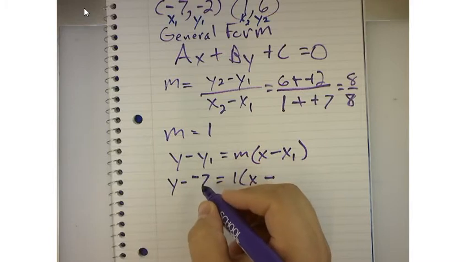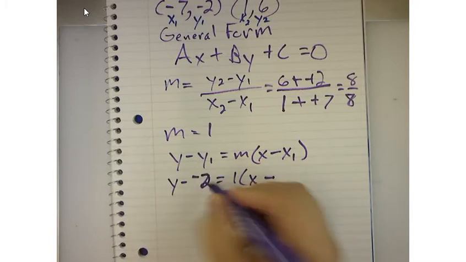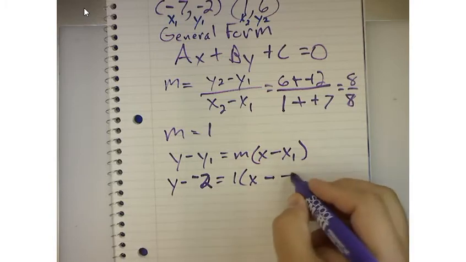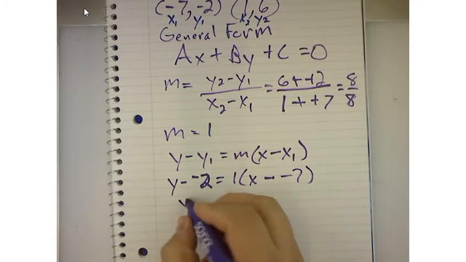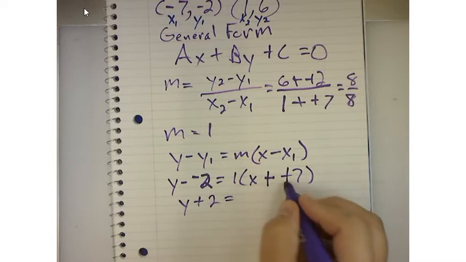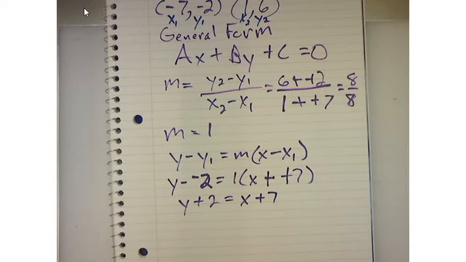What is y sub 1? -2. You guys got to pay attention. I made the same mistake that my students make, right? So then this would be -7, right? All right, so then that's the same as y plus 2 is equal to, this is really adding if I push the 1 through, x plus 7, correct?